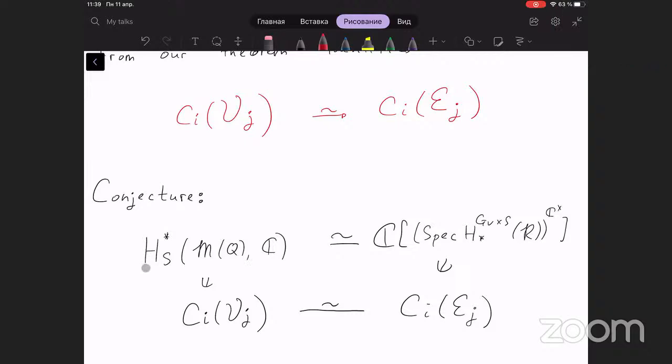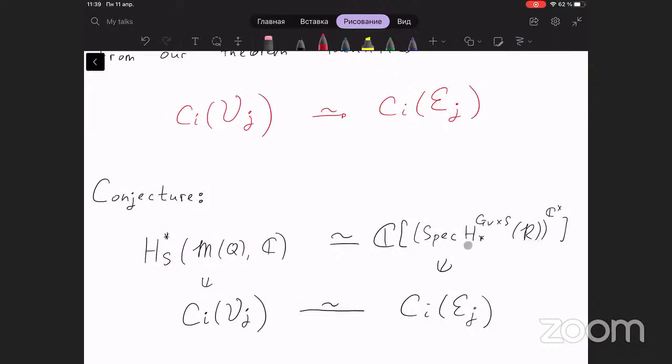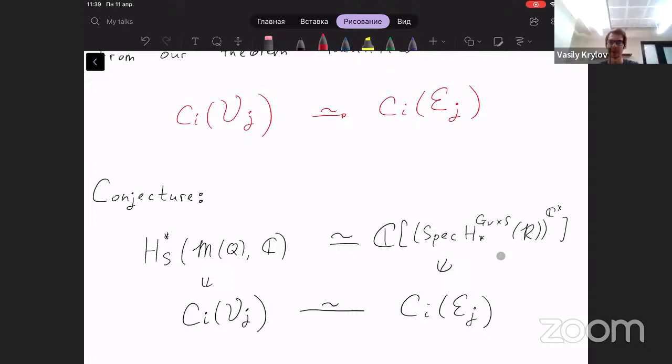On the left-hand side, you put K-theory, but on the right-hand side, in the very definition of the Coulomb branch, you are considering equivariant Borel-Moore homology of some space R. You can replace this H by K. Okay, so you're doing K-theory on both sides? Yes. And this still should be true.